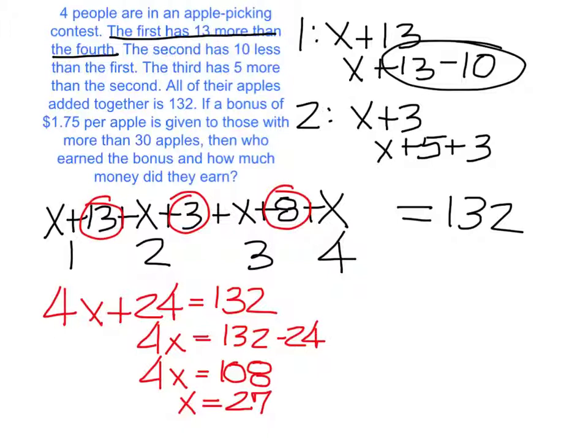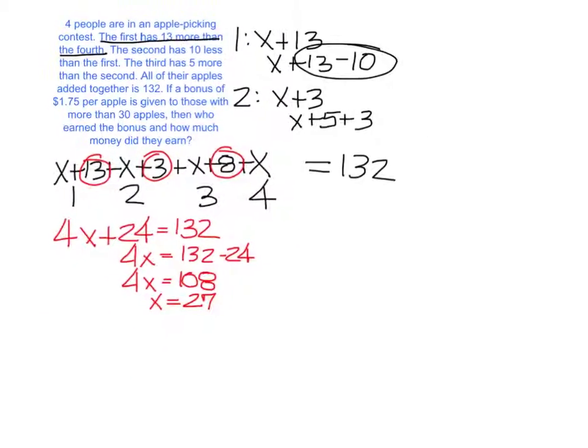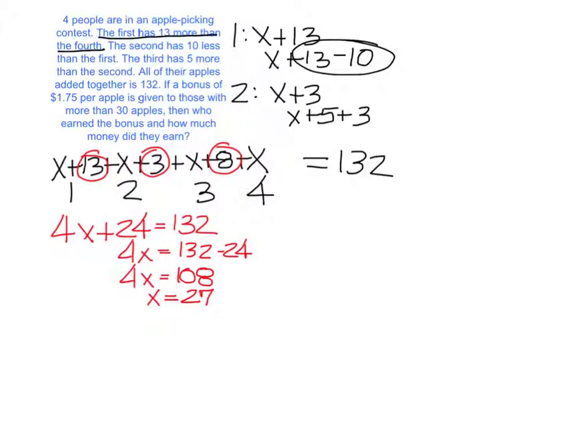27 for X. Notice that the problem says if a bonus of $1.75 per apple is given to those with more than 30 apples, then who earned the bonus and how much did they earn? We have to go through and find out how many apples each person picked. So we'll make some more room here. Lower this down. For person number 1, they had X plus 13.